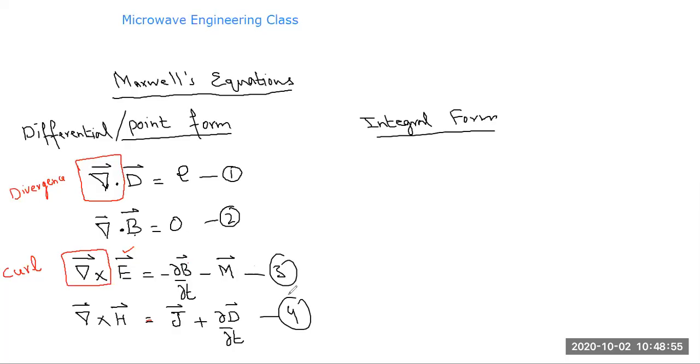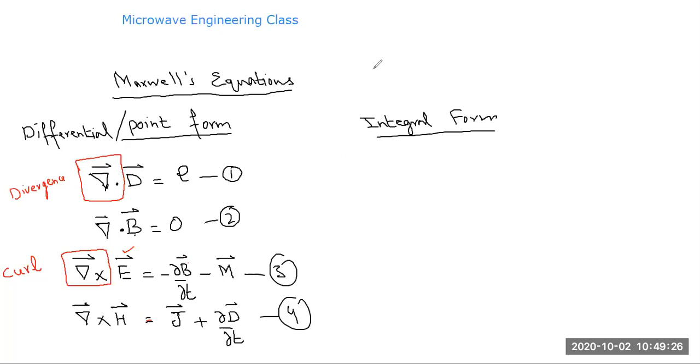So these are four important equations that are basically the foundation of microwave engineering. Any equation that you will use in this course will be based on these four equations. So you must be able to mathematically write these equations, as well as give the meaning of these equations.